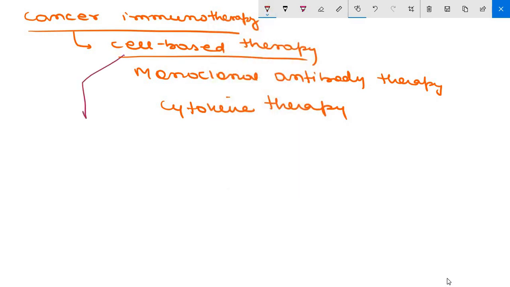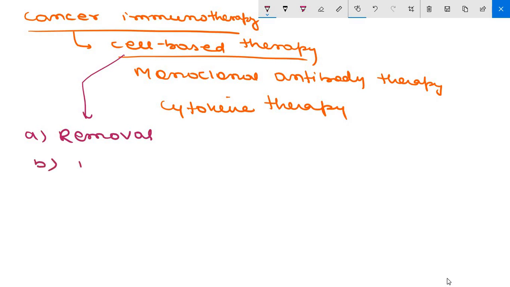So coming to cell-based therapy. Cell-based therapy, also known as cancer vaccine, usually involves the removal of immune cells from a patient with cancer, either from the blood or from a tumor.